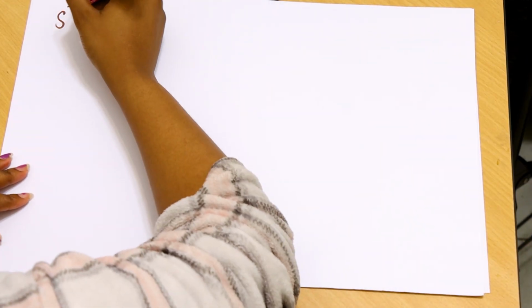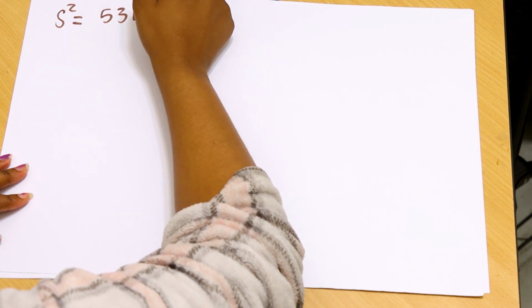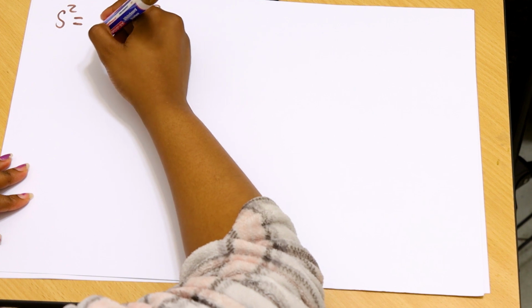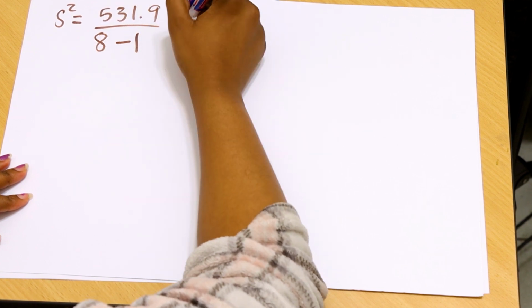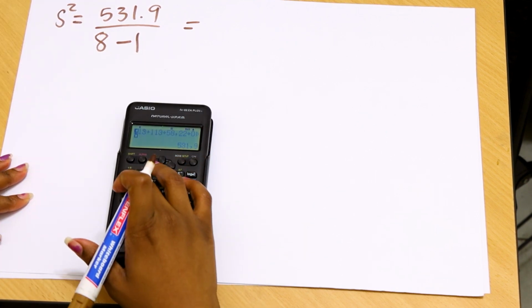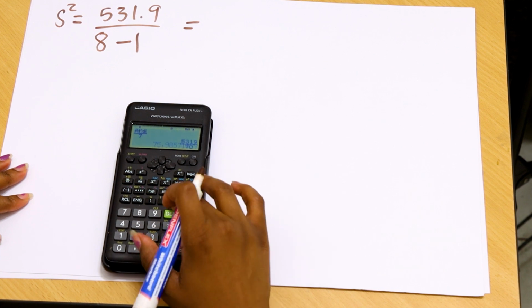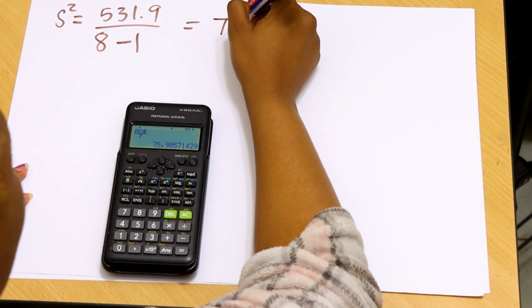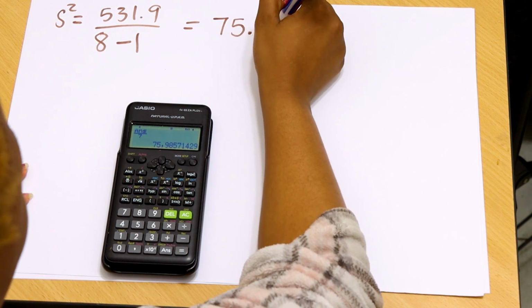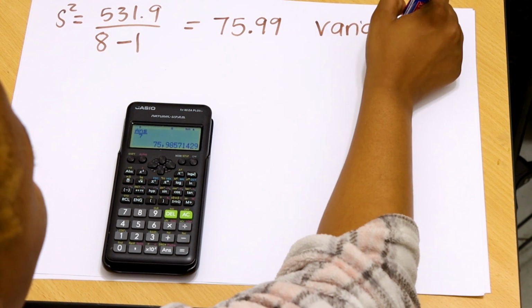Our variance would be 531.9 divided by 8 minus 1. And that gives 75.99. So 75.99 is the variance.